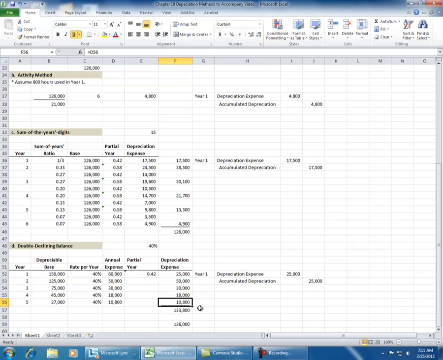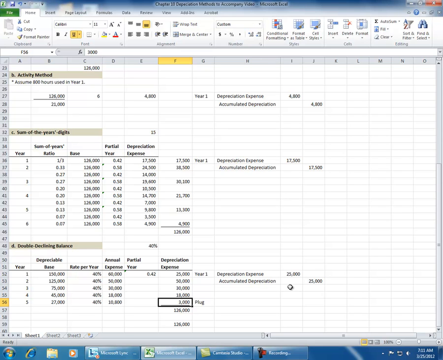So this last year, the depreciation is too high. So we're going to need to plug that amount with $3,000 to arrive at the $126,000. So you have to have a method to stop depreciating an asset when you reach the depreciable base of $126,000.